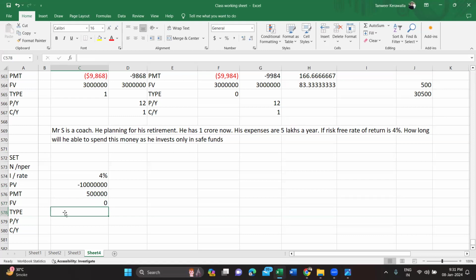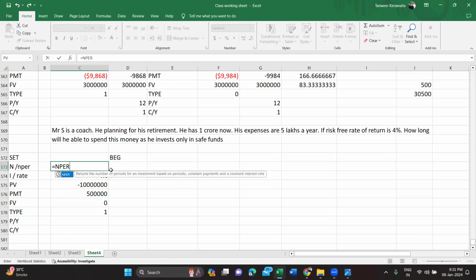Type is now which type we will take. We will take type 1 because normally for retirement investments and all we take begin mode by default, right? So begin mode, type 1, here also begin mode in the calculator. By default we take begin mode unless mentioned in the question. For loans and EMIs we take end mode. So NPER is how much? What's the formula?